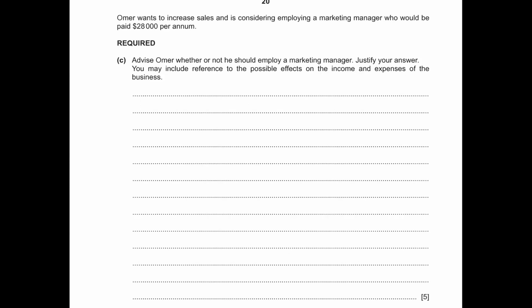They may increase market share. Those are some of the things that usually happen generally. About the disadvantages, if you employ the marketing manager, then the manager's salary will increase expenses. The increased cost of marketing can still be a disadvantage. So those are some of them.